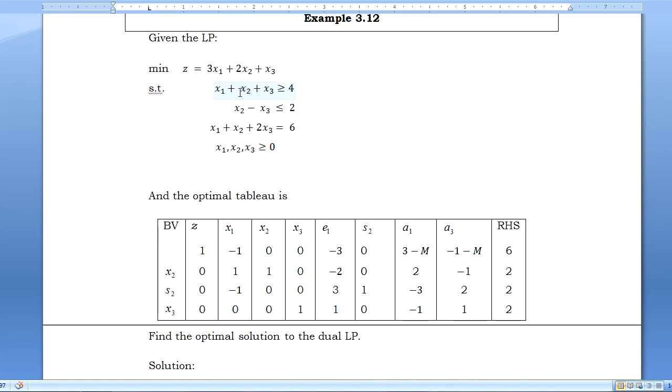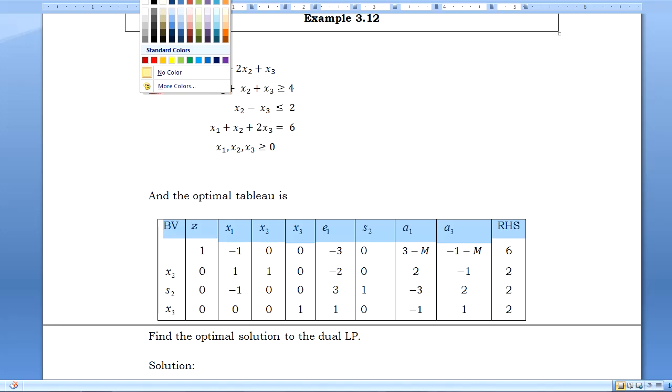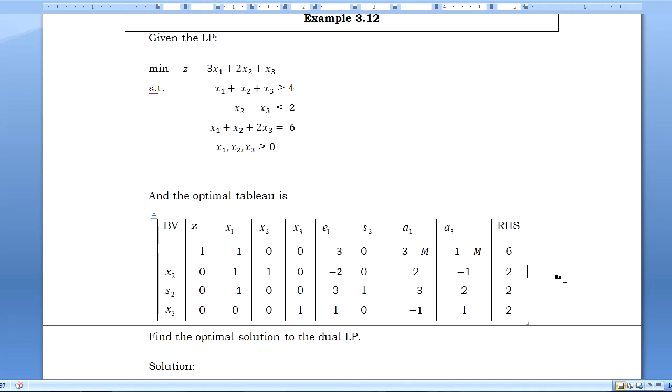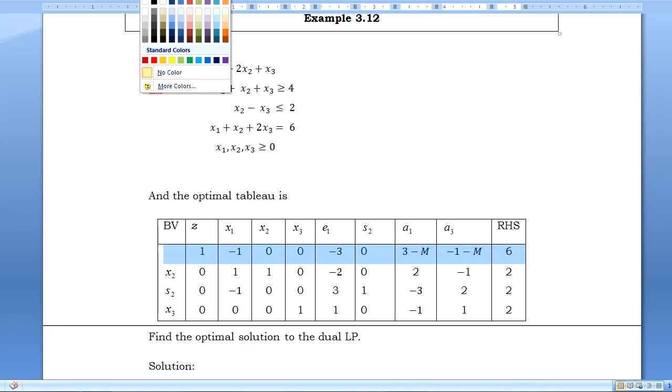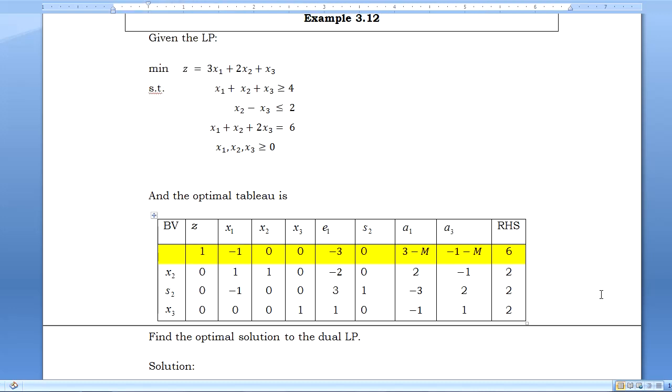Given this LP and its optimal tableau, we get the value of the variables in the dual from optimal row 0. Let's write the dual LP.